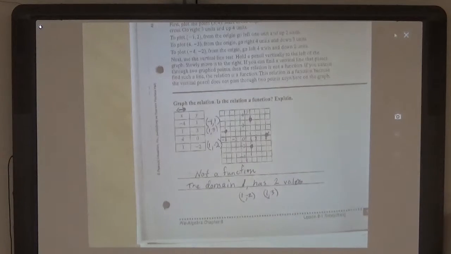Does that make sense? Do you see 1, -2? Do you see 1, 3? 1, 3, right here. You see that? Okay, so that means that 2 points are on the same vertical line.